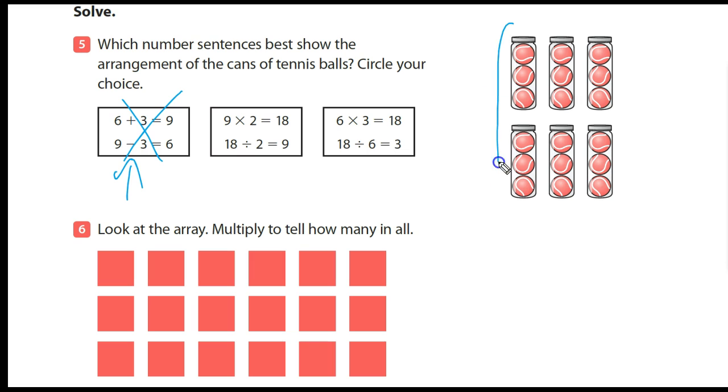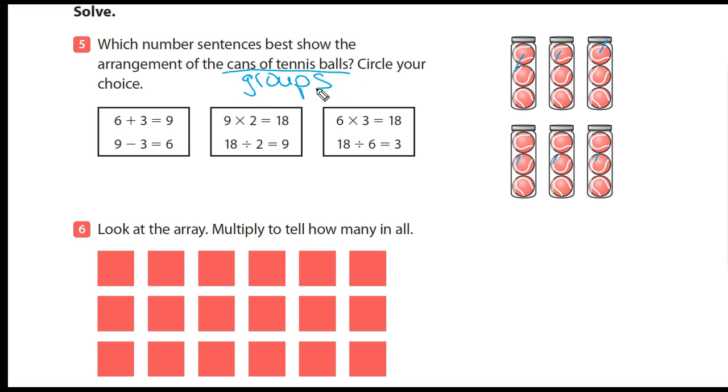If you say 2, that means this. 3. 6. Okay, hold on. How many cans do you have? I have 1, 2, 3, 4, 5, 6. Okay. Instead of using cans, I'm just saying the word groups.